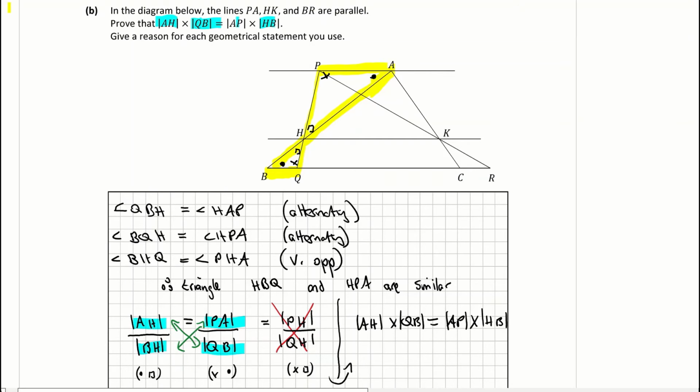And that's what they wanted to ask me at the top of the question. Prove that AH multiplied by QB is equal to AP multiplied by HB. And we are done. So similar triangles is the answer there to part B.